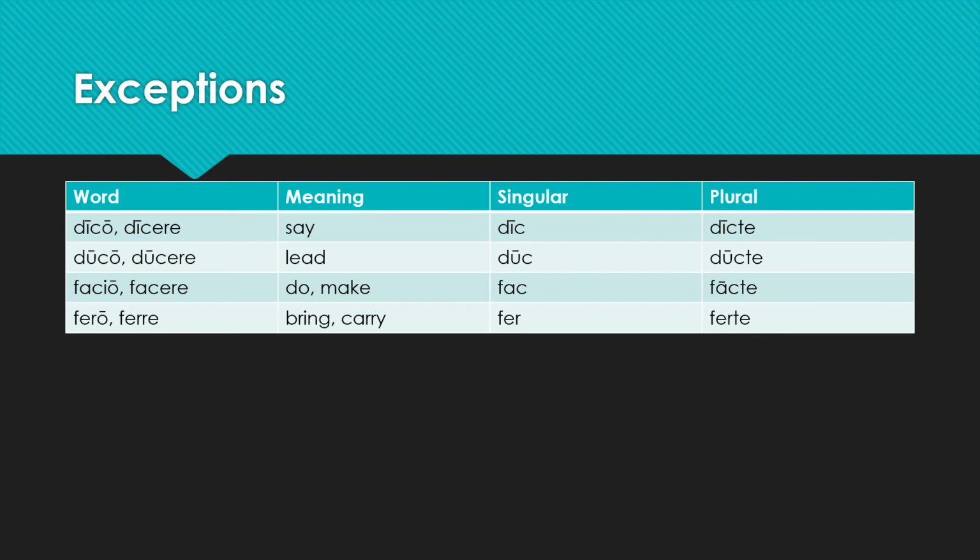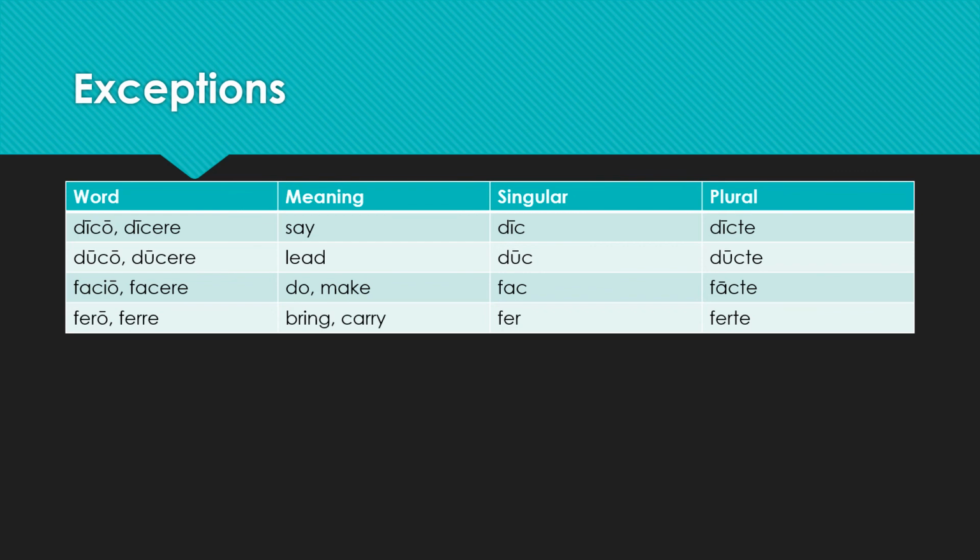Now with this all said, it is important to remember that there are going to be a few exceptions. There are four notable exceptions to these rules. The first of these is the Latin word dico. Dico, dicere means say.